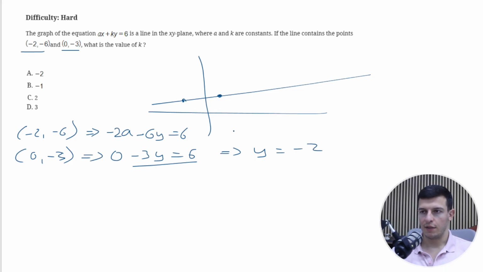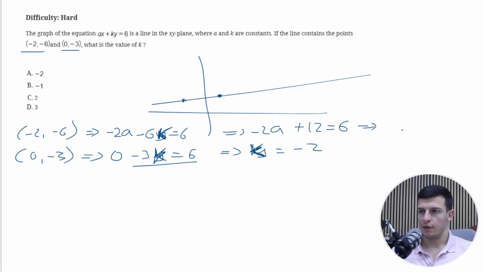And if I plug it into the first equation, this will be -2a. That's not y, sorry, that's k. That's k. So -2a plus, yes, plus 6 times 2, which will be 12, is equal to 6.